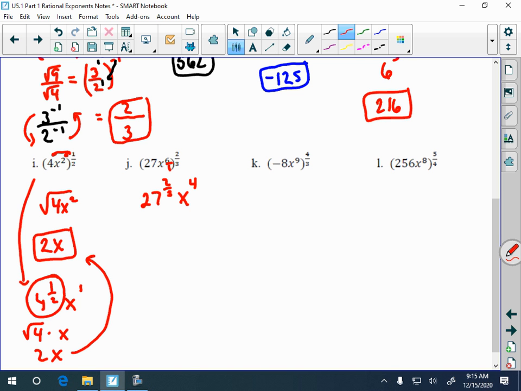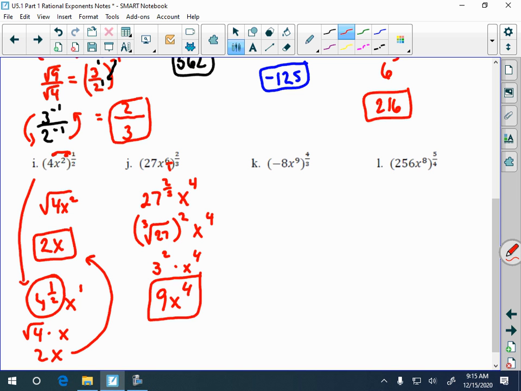Then you could change the 27 to the 2/3 to a radical, the cube root of 27 squared, and we still have the x to the 4th. The cube root of 27 is 3, and 3 squared is 9. So we have 9x to the 4th. So you just keep simplifying it in parts.